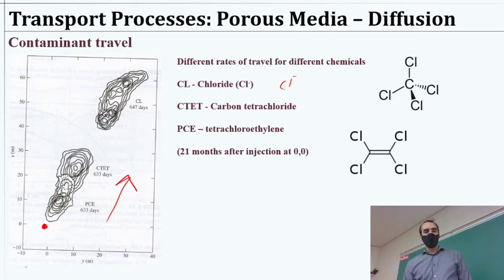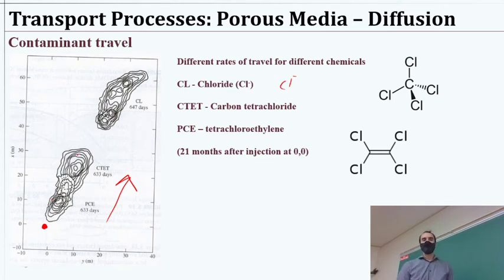And if we take a look, we see exactly that. It turns out that the Ctet travels a bit further. We can kind of see these lines here estimating it's almost like a topographic map where the highest concentration would be the innermost circle, and we kind of estimate how wide this plume is going and what concentrations are in it.